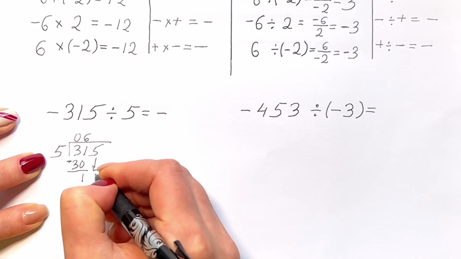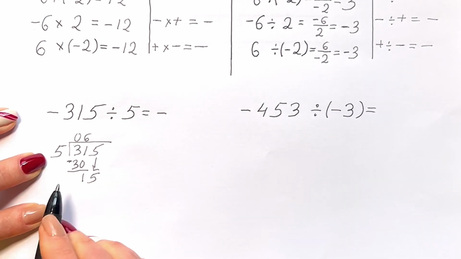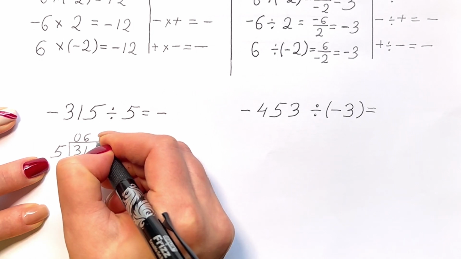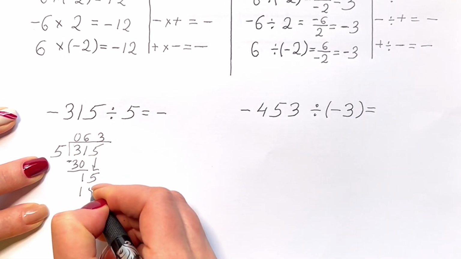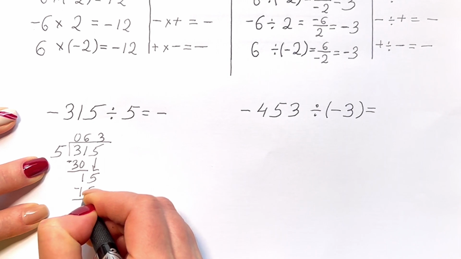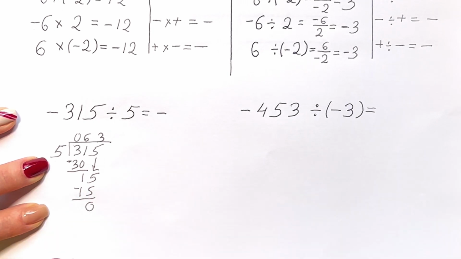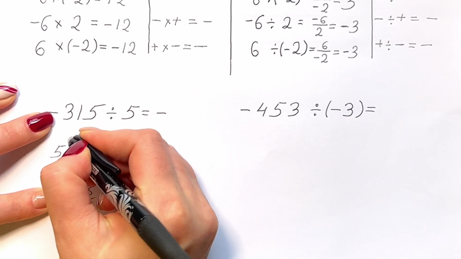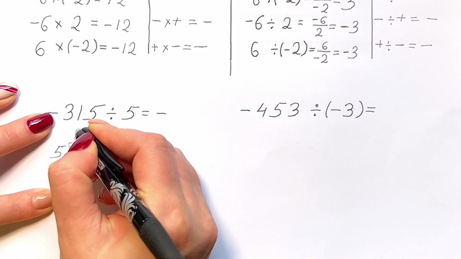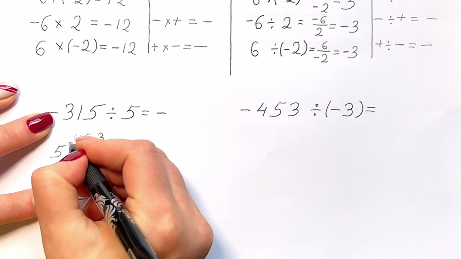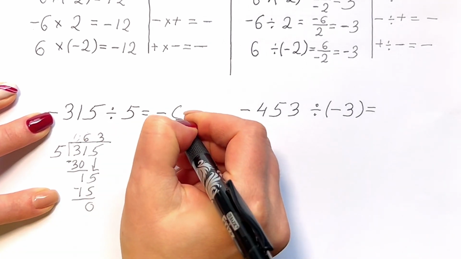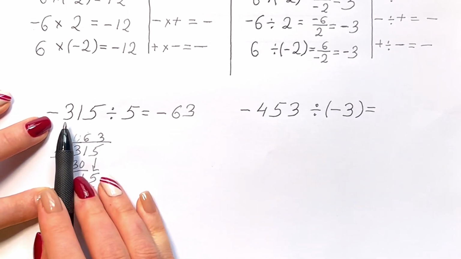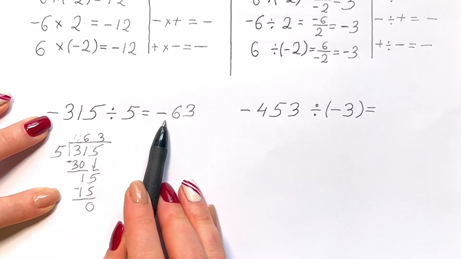I'm going to bring down the 5. 5 goes into 15 3 times. 3 times 5 is 15. I'm going to subtract to get the remainder, which is 0. Then, of course, I'm going to erase the front 0 because a number can never start with 0. So, the answer will be negative 63, because negative, positive, we are getting negative.